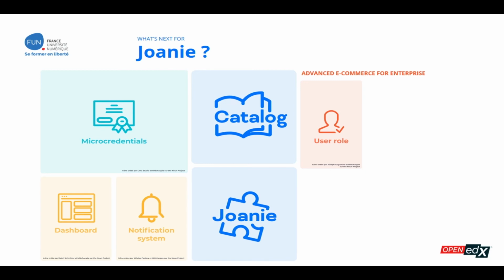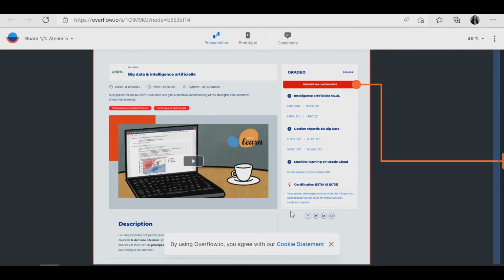So if we go up. Oops, sorry. On a course syllabus, you can see here a little block which details the content of a micro-credential training. So this is the title, there is a price here.